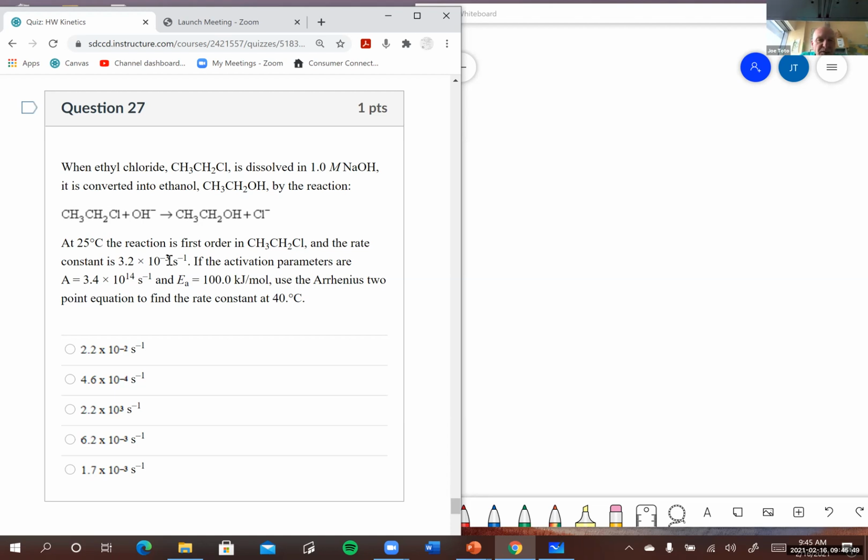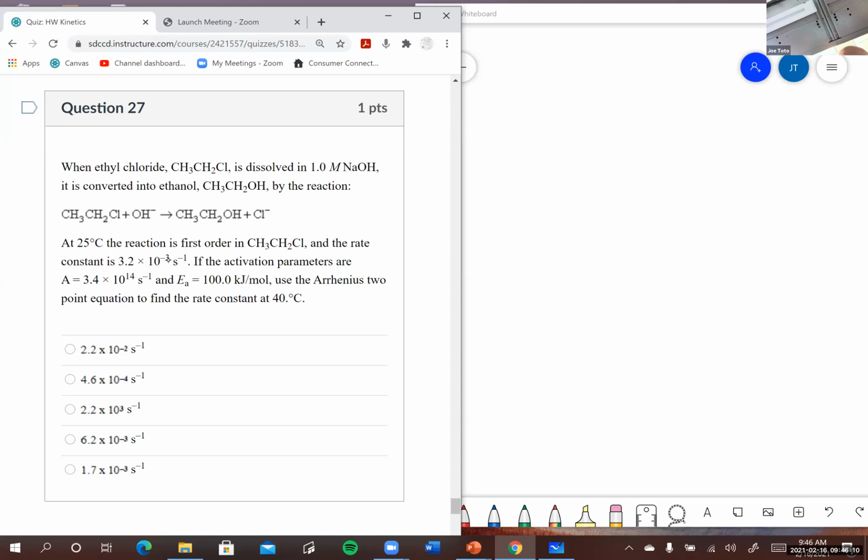And then it asks you to use the Arrhenius two-point equation to find the rate constant at 40 degrees. So we have to remember what that two-point equation is, and make sure we plug in those values in the right positions.